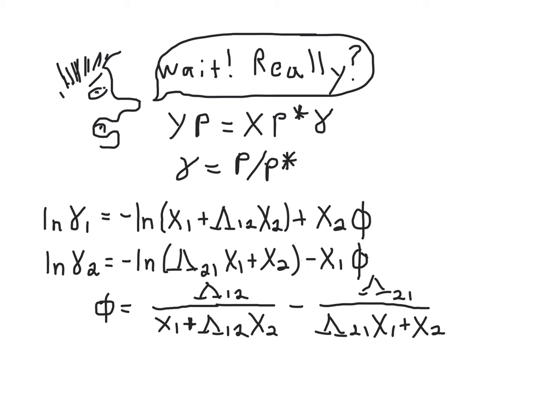But anyway, it says that ln gamma 1, the natural log of the activity coefficient of chemical 1, and this is written for chemical 1 and 2, that would be your THF and water, is equal to minus ln of (x1 plus lambda 1,2 times x2), and that's just the way the constant's usually written, plus x2 times another function, which I just put as a phi here because it's common to both equations, as we'll see.